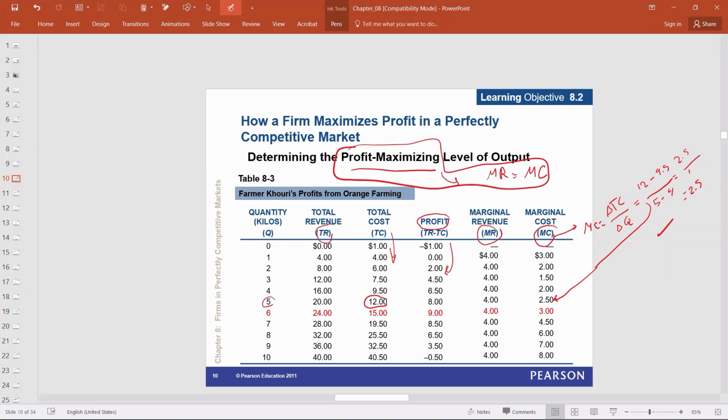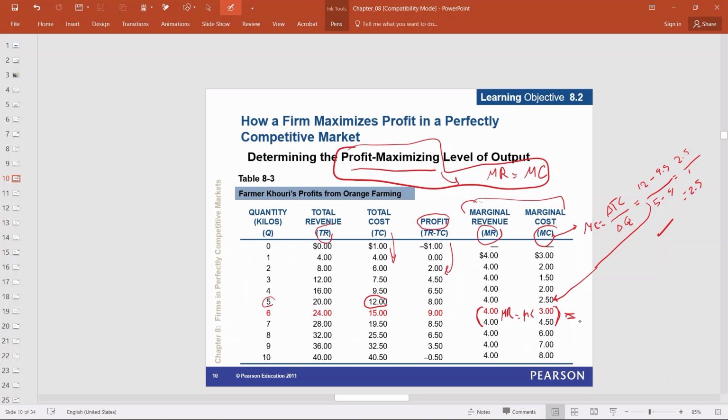And if we look at these numbers in these two columns, we will find that those numbers could be almost similar at levels between 6 and 7, because we have 4. This is marginal cost somewhere between these two numbers, because we have 4, and between 3 and 4 and 5 there is 4.